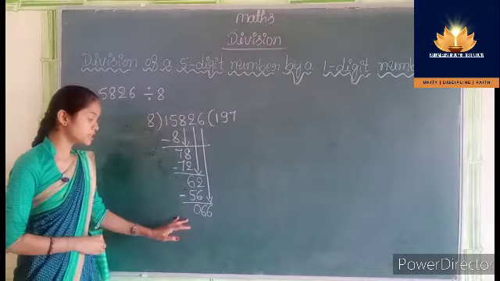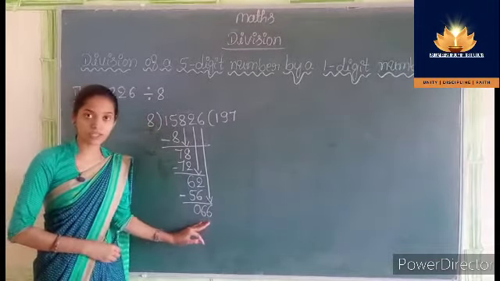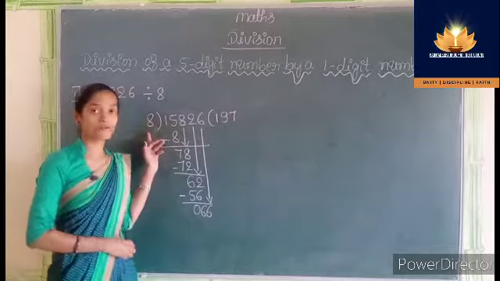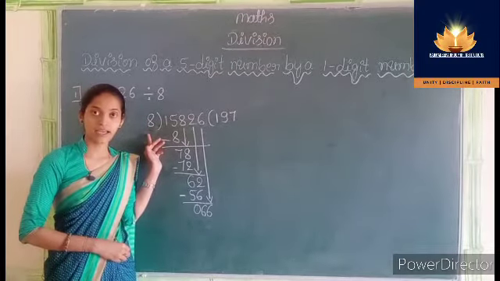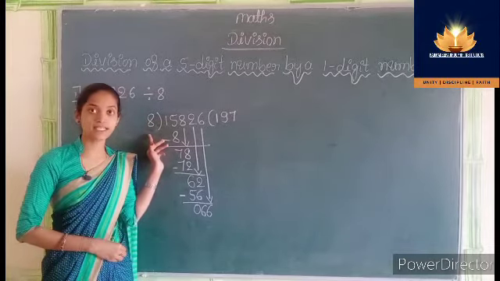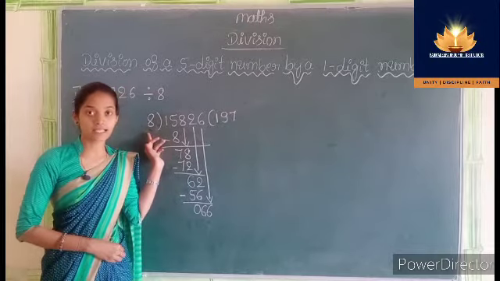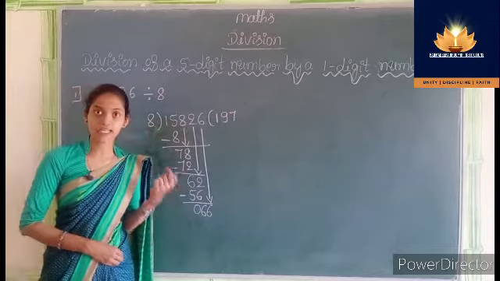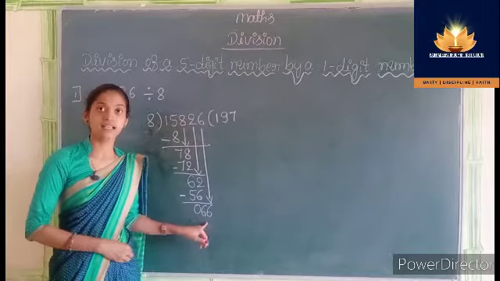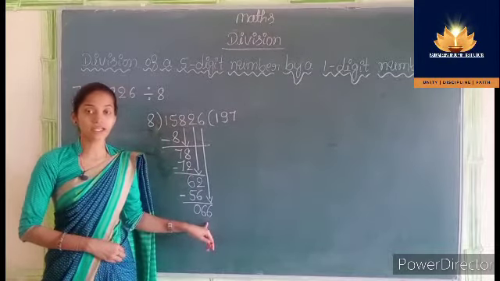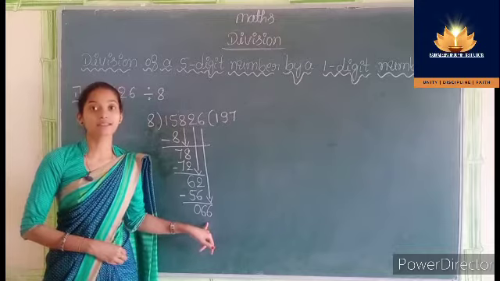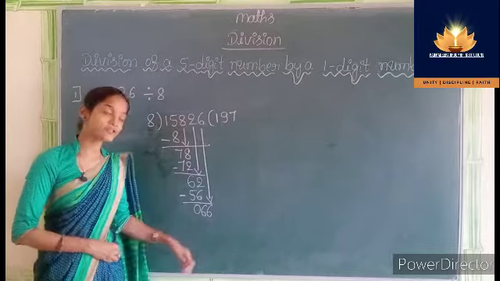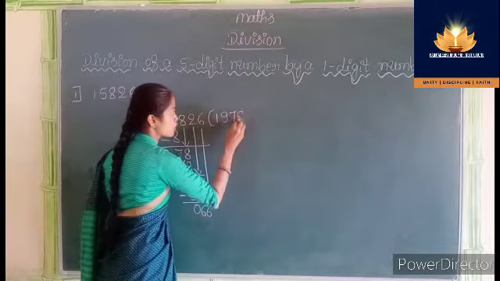Now which number is less than or equal to this 66 in the table of 8? 8 7s are 56, 8 8s are 64, 8 9s are 72. 72 is greater than this 66. That's why we have to consider 8 8s are 64. 8 should be written in the quotient place.